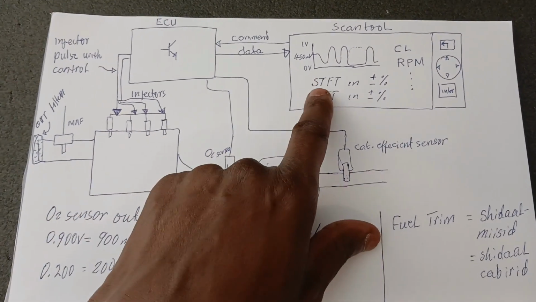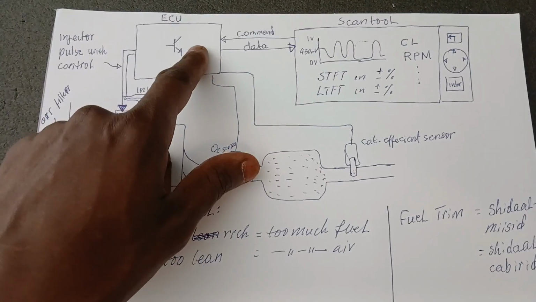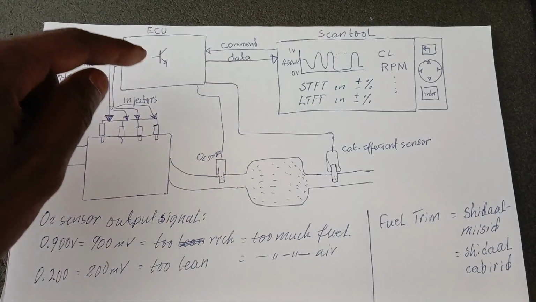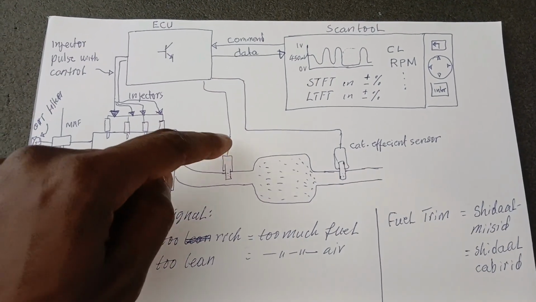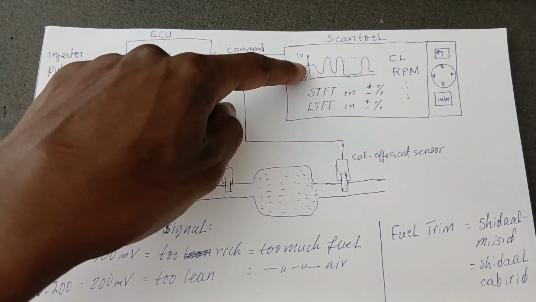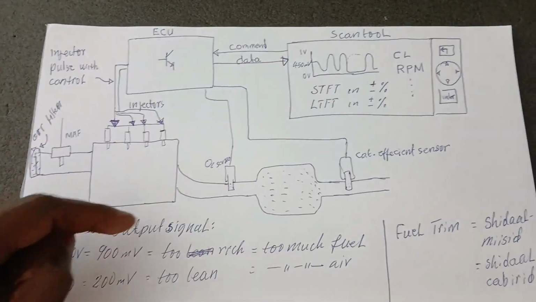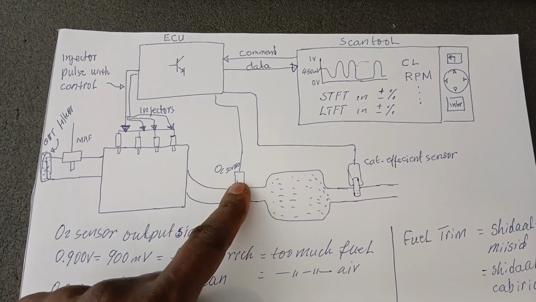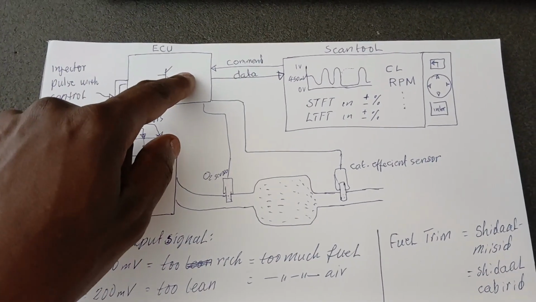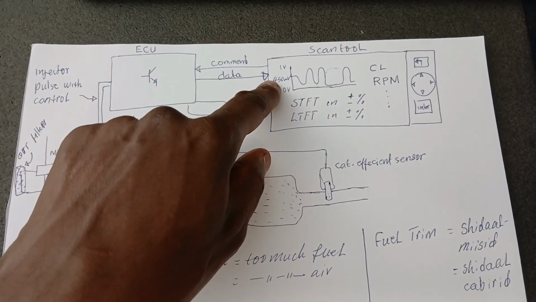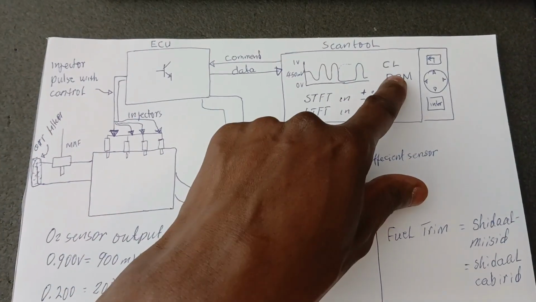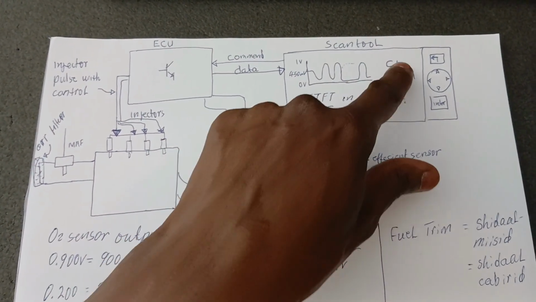So in your scan tool, when you connect to the ECU through your OBD port, what you first send is a command asking what the O2 sensor is doing, and it will answer you. You can get a graph or voltage swings. When it gets that command, it produces data, and the data is what you see here: the oxygen graph or voltage, the RPM, and closed loop, whether the engine is in closed loop.